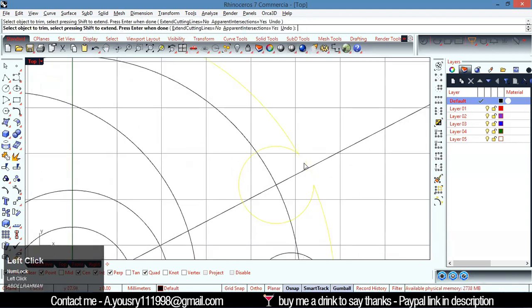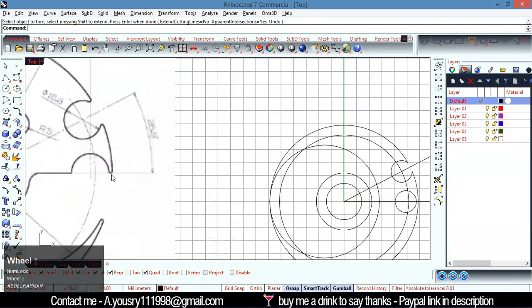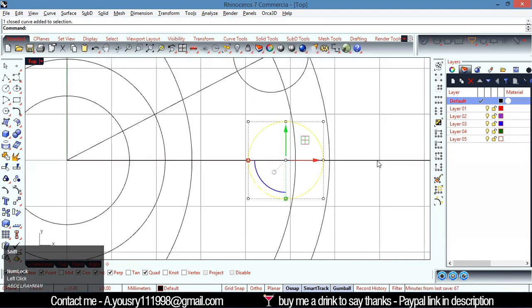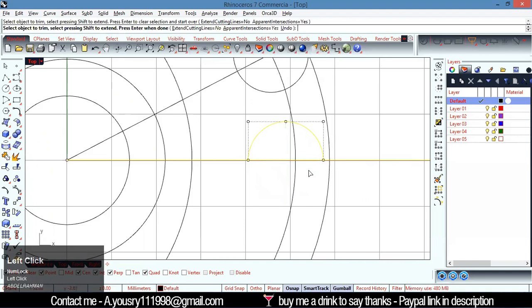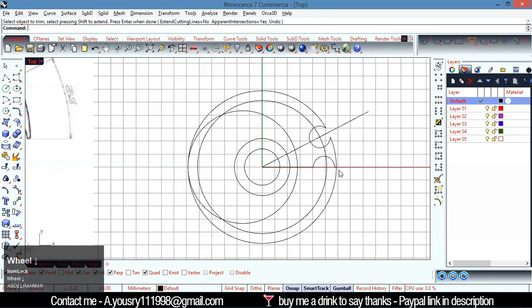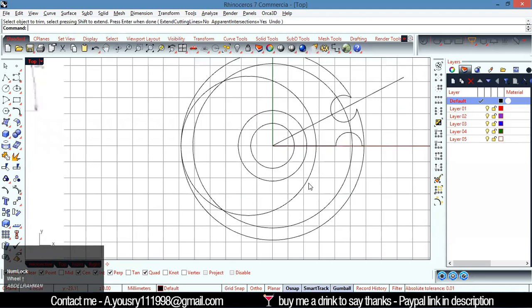Trim. And here. Trim. Okay, and that one is also trimmed.